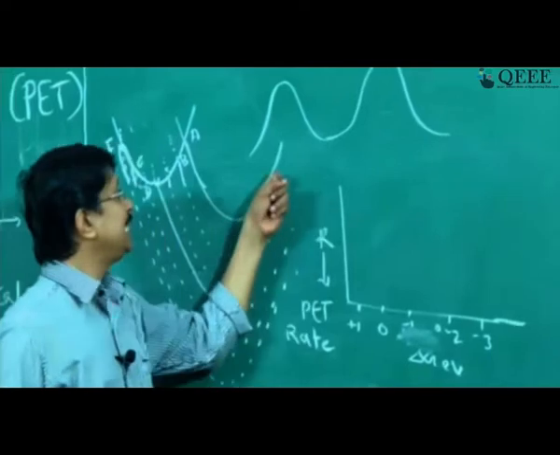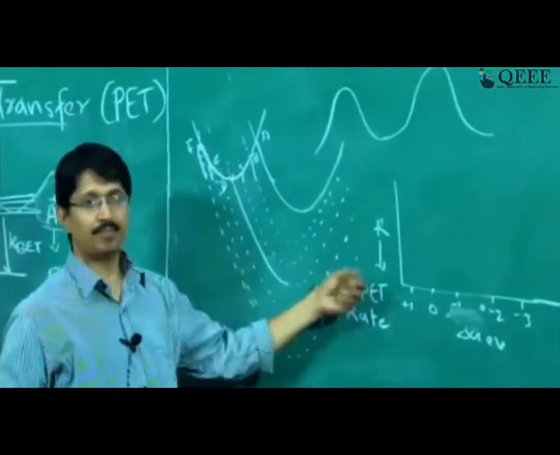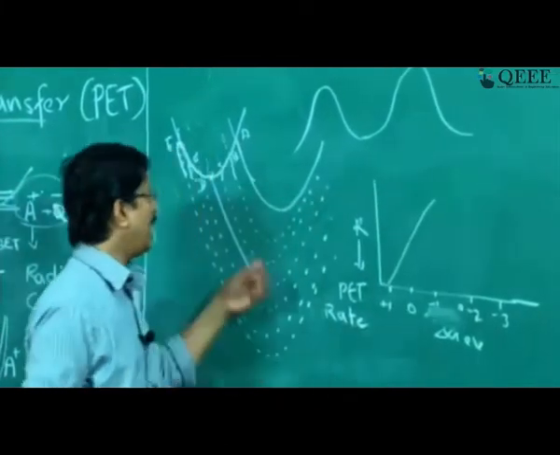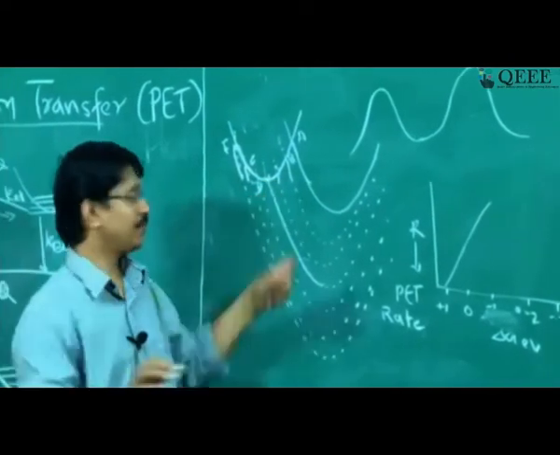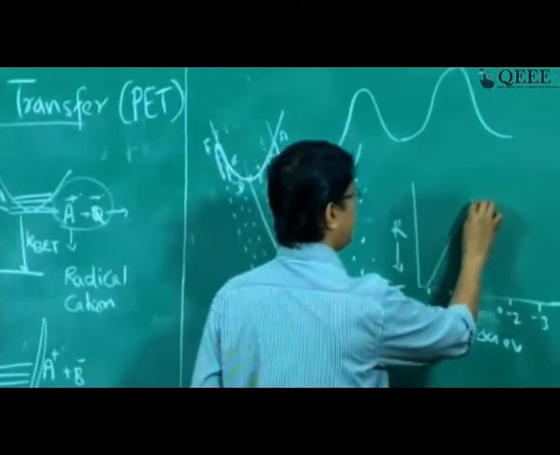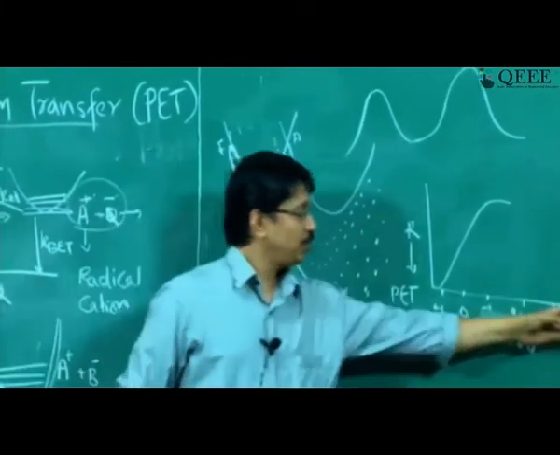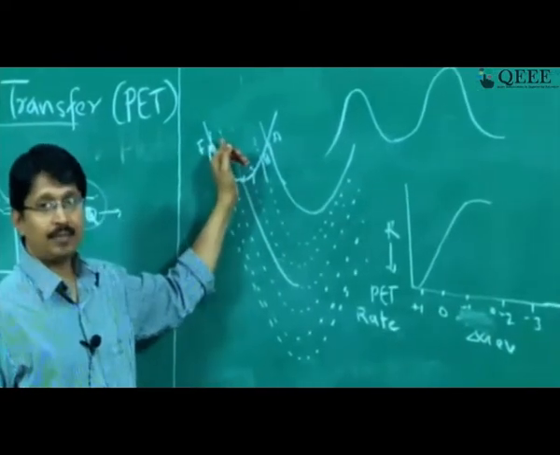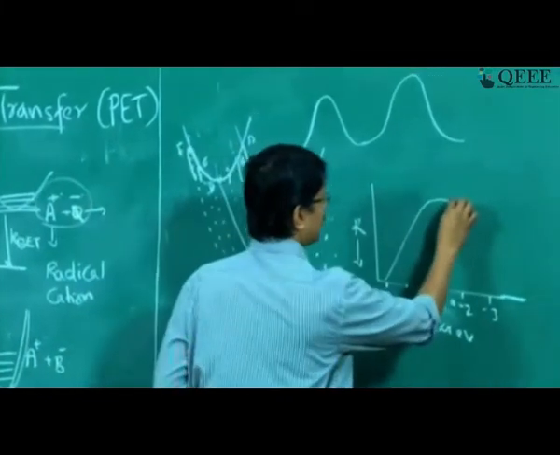As we said initially, the activation energy is decreasing. So what will happen to the rate? Rate will increase. And when it becomes barrierless, rate will be maximum. So a maximum value. Still you decrease the negative delta G. You are still pushing it to negative values, but then you are building an activation barrier here. So the rate will decrease.